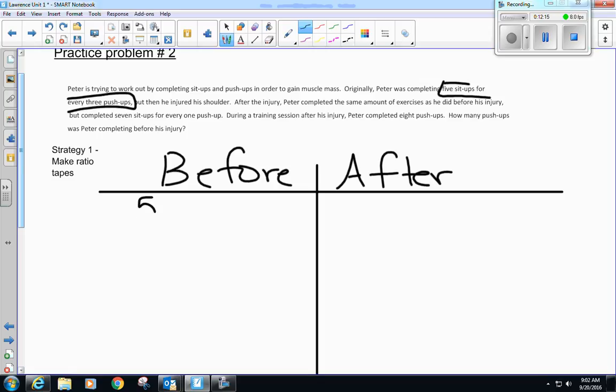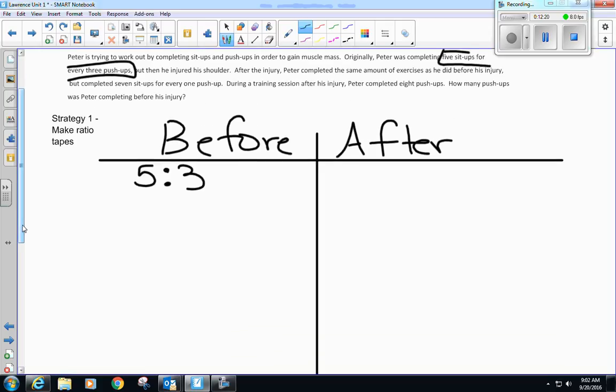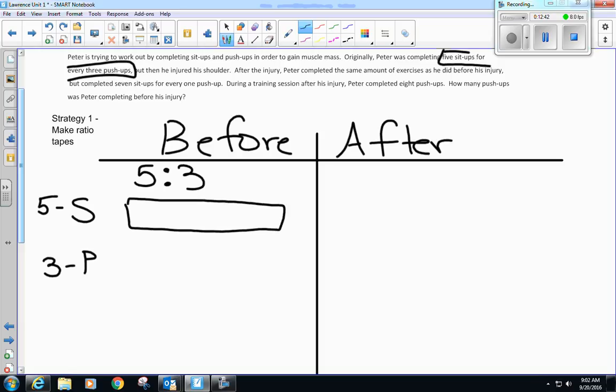So the original ratio was 5 to 3. 5 sit-ups, 3 push-ups. Remember, don't switch them. Keep them in the same order. Find a simple label. So I have S and P. And then you're going to draw the tapes. So far, just like we've done, keeping them the same.